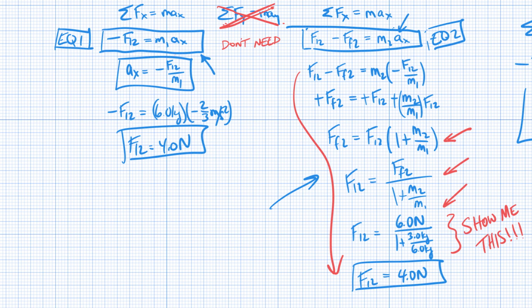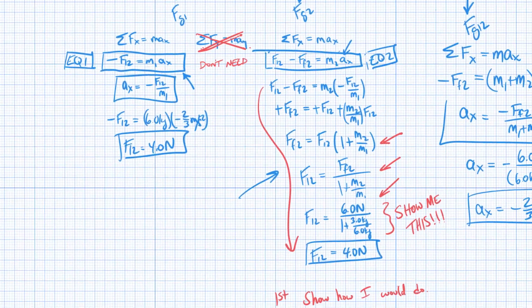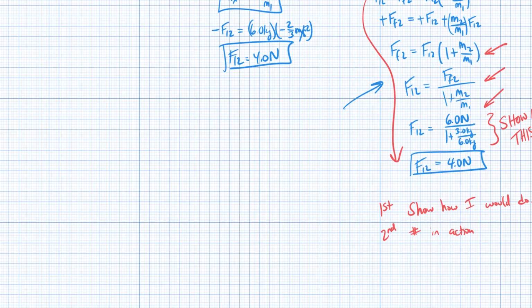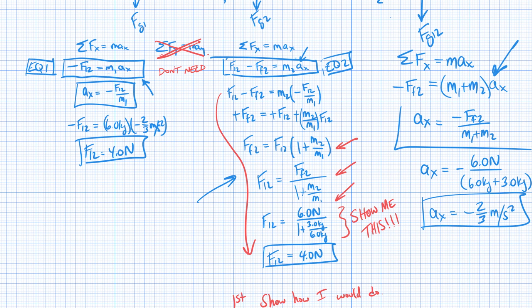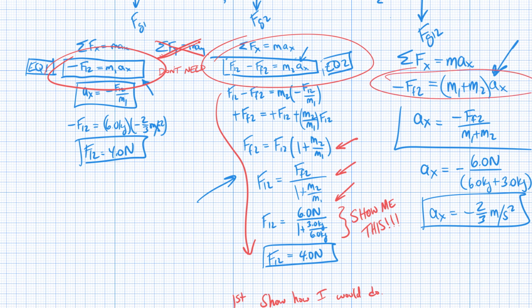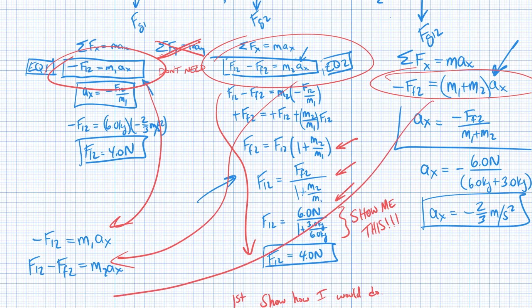Okay, so I'm going to show you one other thing that I think is really powerful for you to be aware of. You probably think, oh, well, look, we could have had an extra unknown. We have 3 equations here. We've got equation 1, equation 2, and equation 3 when we did the whole system. And I wanted to point out that we do have 3 equations, but they're not what we would call independent.